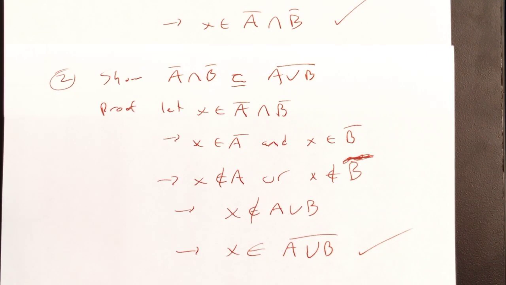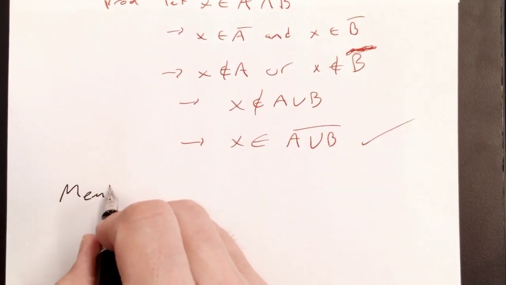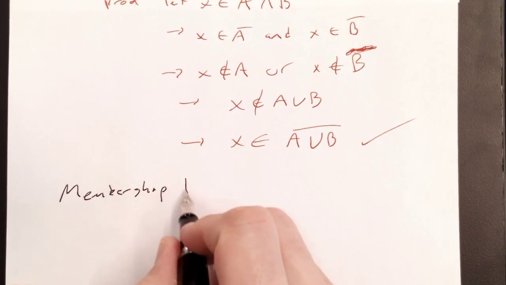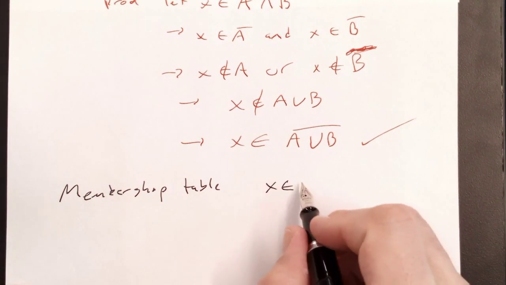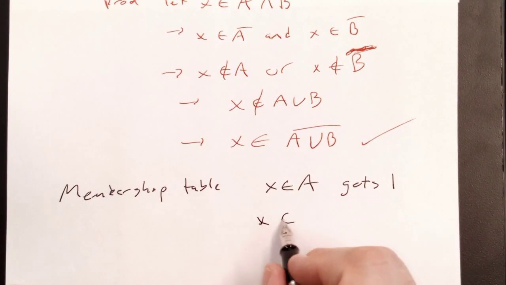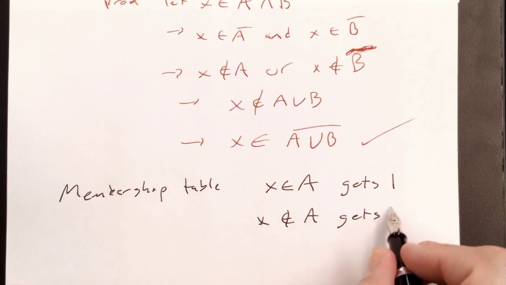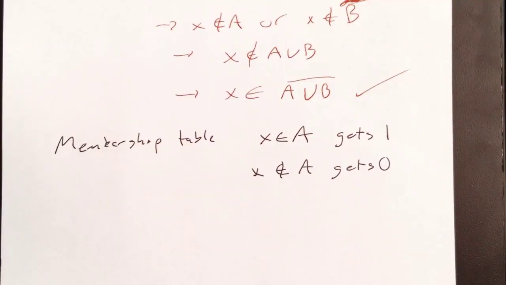You're a member of set A, true. You're a member of set B. Instead of using trues and falses, let's use ones and zeros. So when you are a member of a set, I'll write down a 1. When you're not a member of a set, I'll write down a 0.